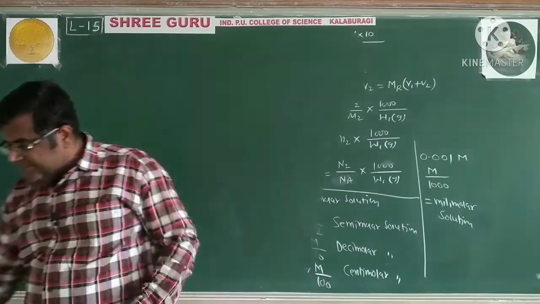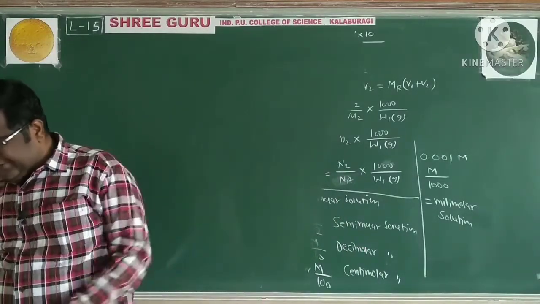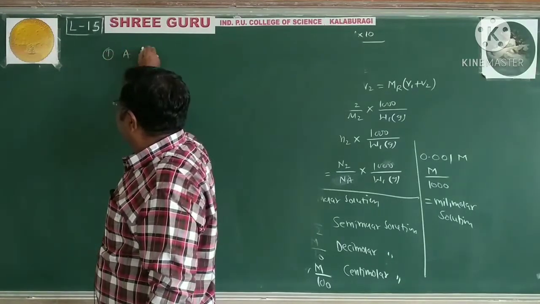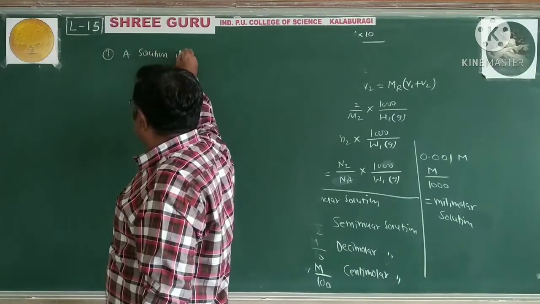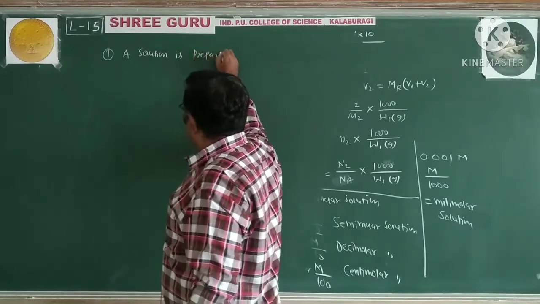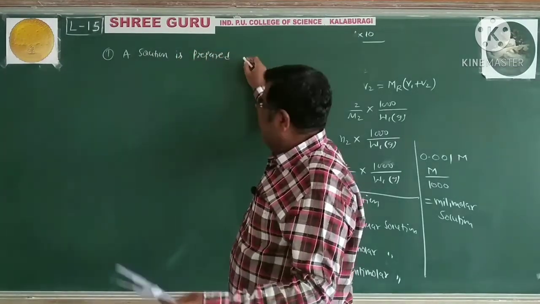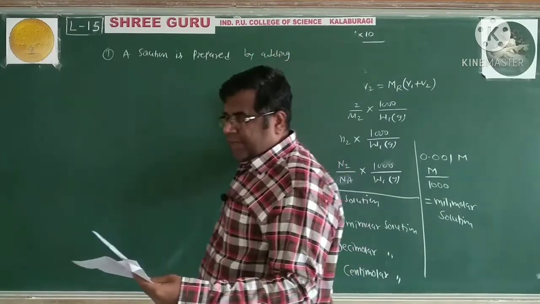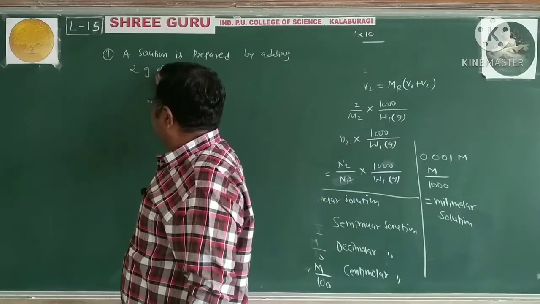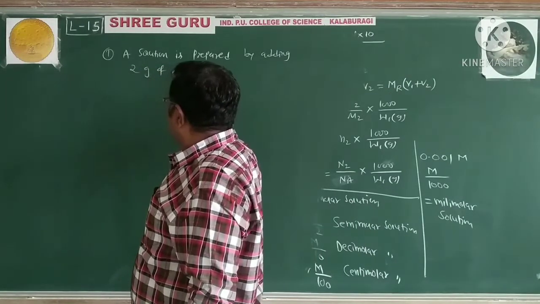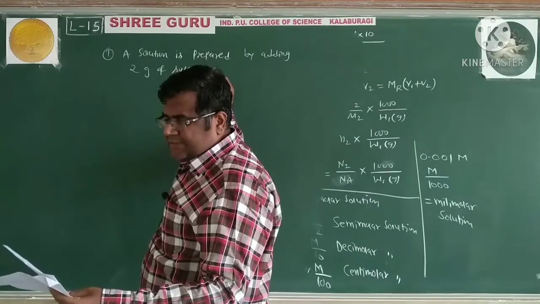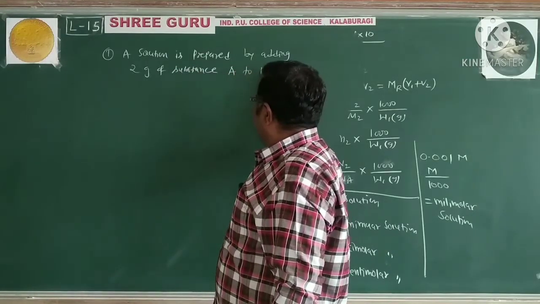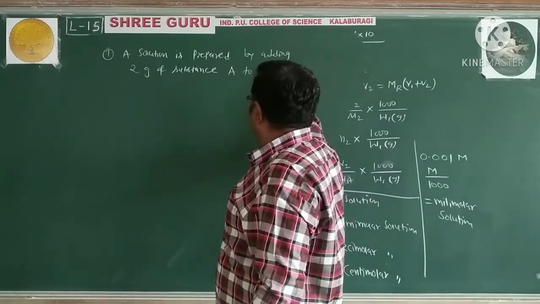The first question: a solution is prepared by adding 2 grams of substance A to 18 grams of water.